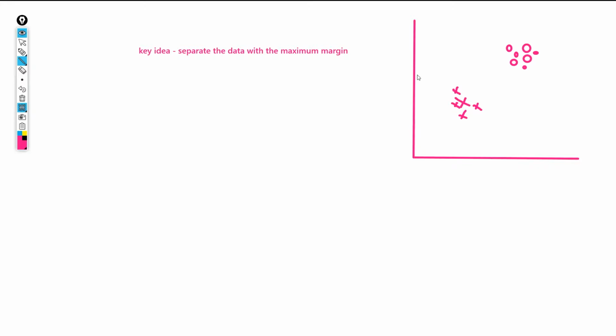We do not want a line like this, or like this, or like this, but what we want is a line that separates with the maximum margin. And as humans, just by seeing the graph, we can see a line would be like this. So this was the main idea.